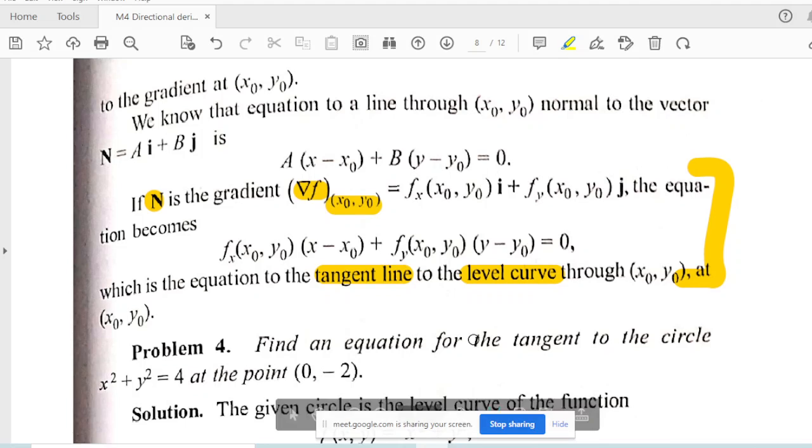So this is the equation of the tangent line to the level curve. But when you are studying, if we have an idea of which space we are in, then the level curve means different things in different spaces. Sometimes it happens that when we say level curve, everyone thinks of it only as a curve.